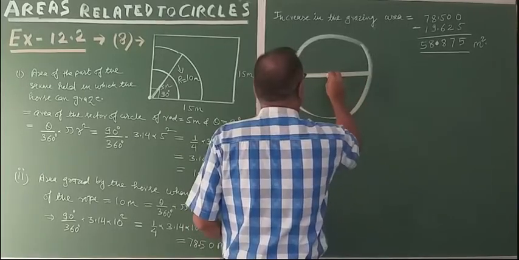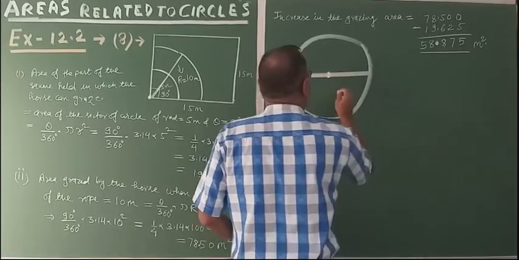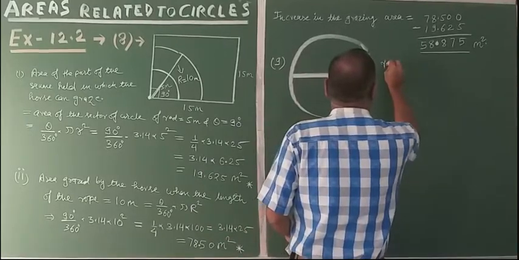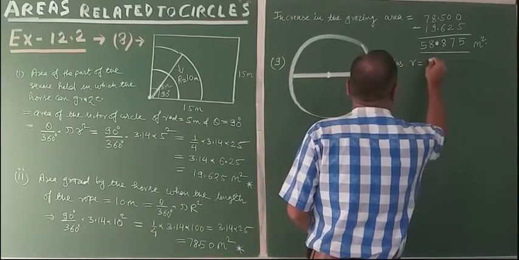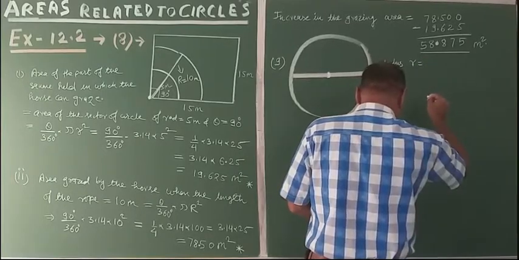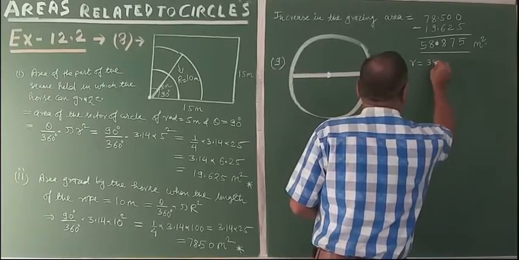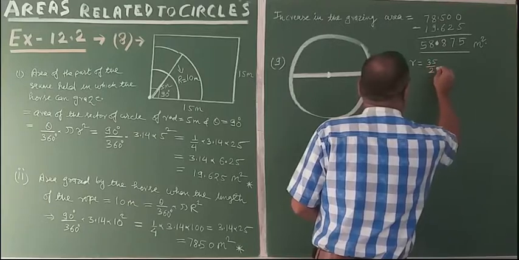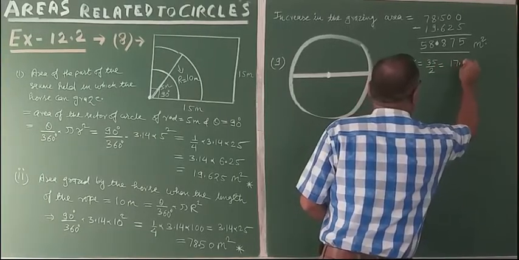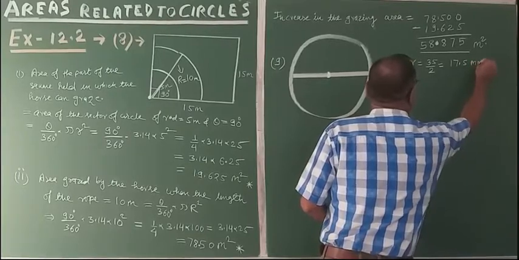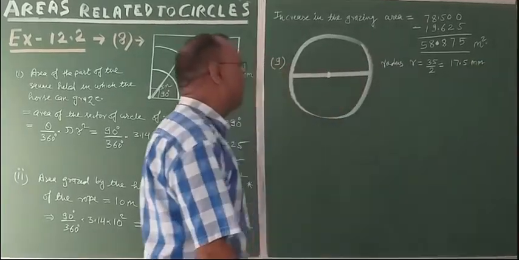This is the diameter of the brook. The radius R will be, the diameter was 35 mm, 35 upon 2, any 17.5 mm.